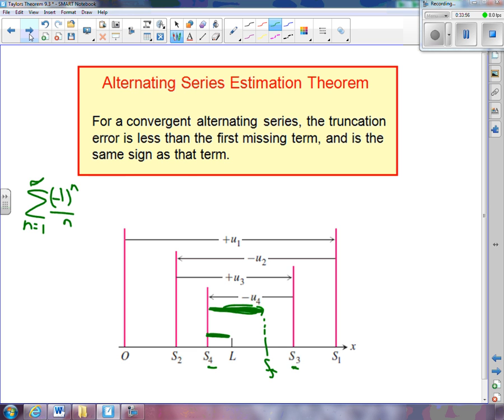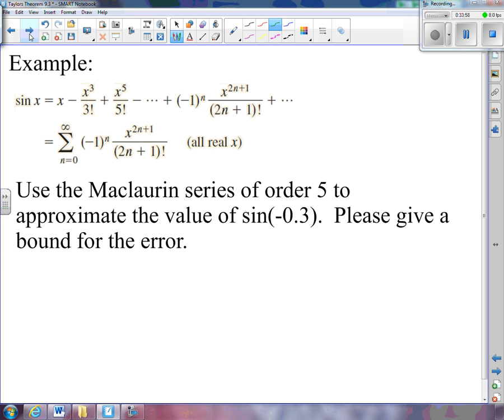Okay, so let's try an example. Here is an example of an alternating series, sine. Let's use the Maclaurin series of order 5 to approximate the value of sine of negative 0.3, and please give a bound for the error.